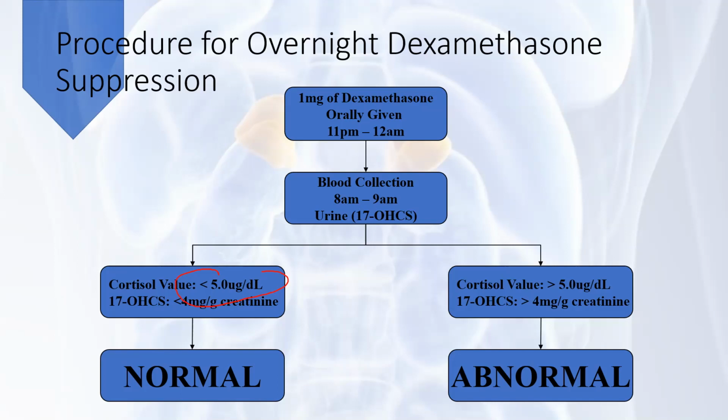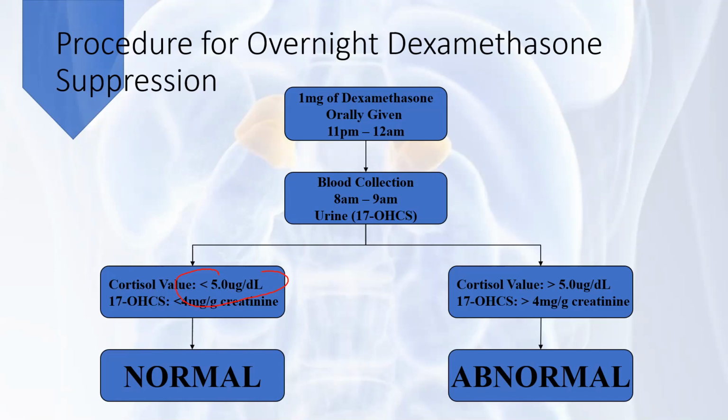Now, if the cortisol level is less than 5 µg/dL and our urinary 17-OHCS is less than 4 mg per gram of creatinine, that's the unit, it seems to be normal.